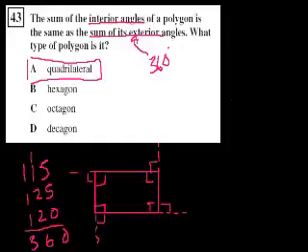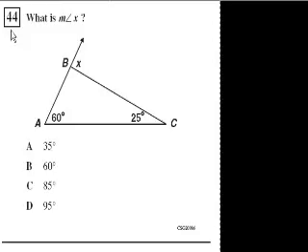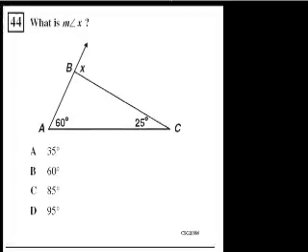Next question. Let me copy and paste a couple of them so I don't have to keep doing this. All right. What is the measure of angle x? Well, this is an exterior angle to the vertex B, right?